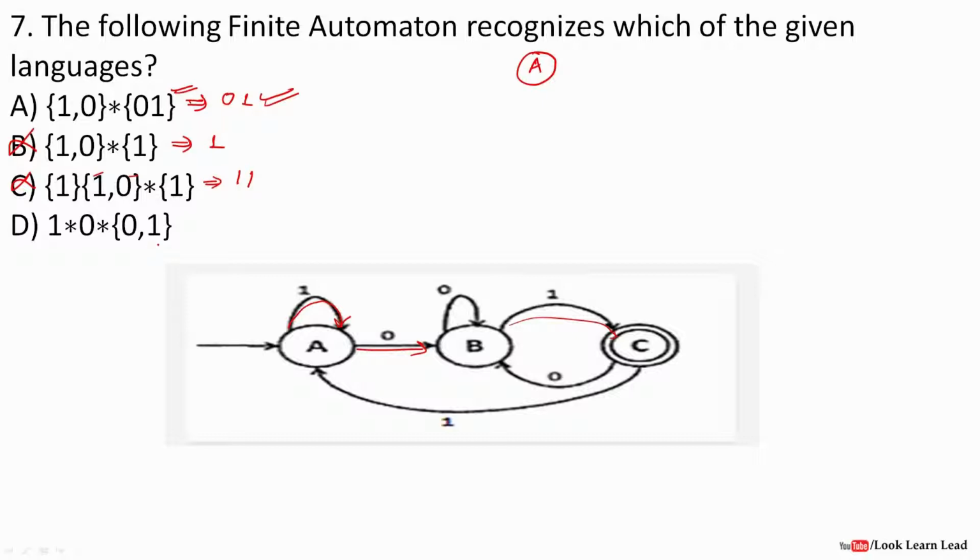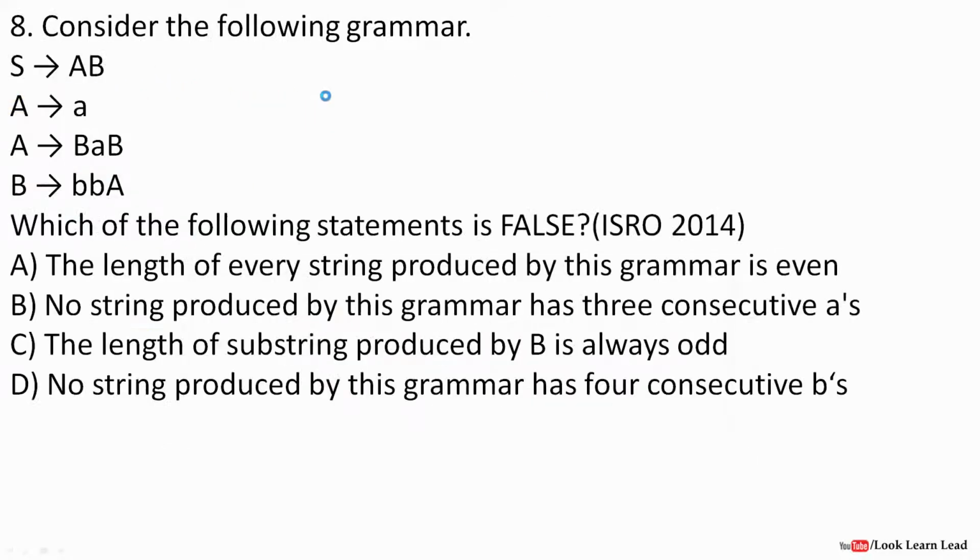Now let's see for D. Here it is 1 asterisk, so there can be 1 or cannot be 1, 0 asterisk, 0 can be there or cannot be there, either 0 or 1. If it is 0, then also it is not acceptable. If it is 1, then also it is not acceptable. So D is also not right. So the option is A.